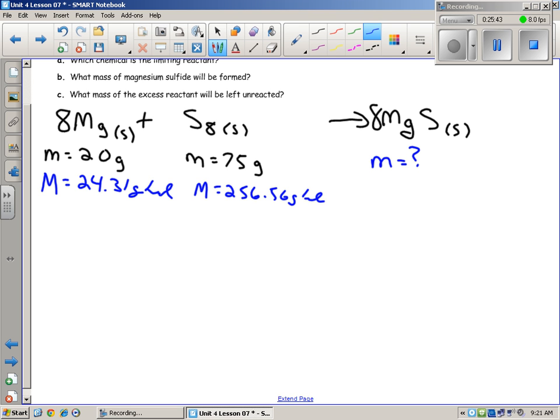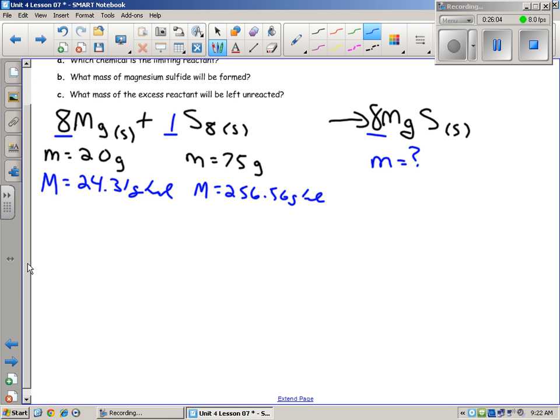Now, here's the thing with these questions. Remember, we wrote out a balanced chemical equation. And the balanced chemical equation tells me that if I took 8 moles of this and reacted it with 1 mole of this, I would get 8 moles of product. Correct? That's what the balanced chemical reaction tells me.